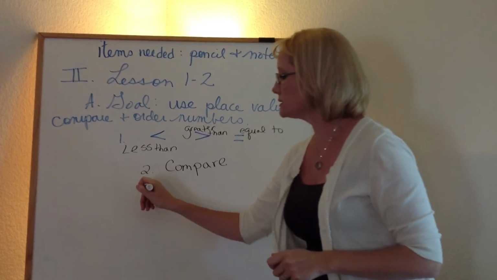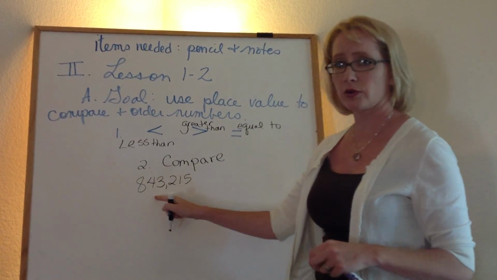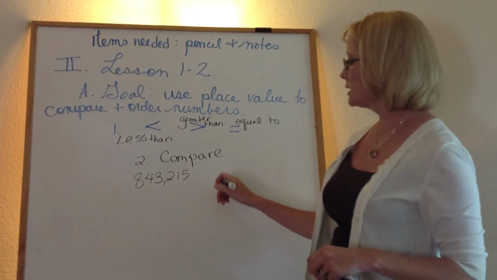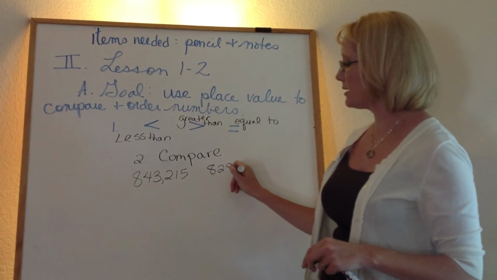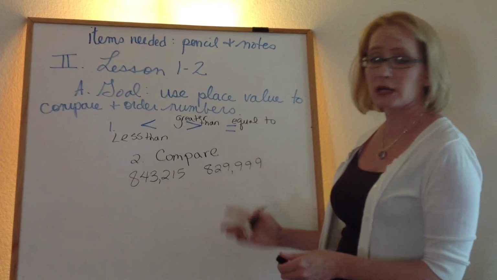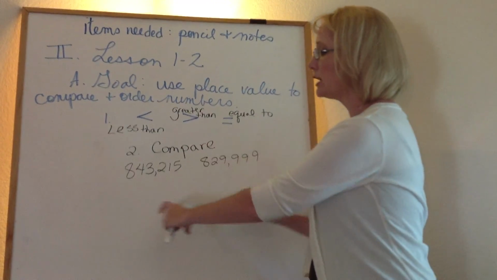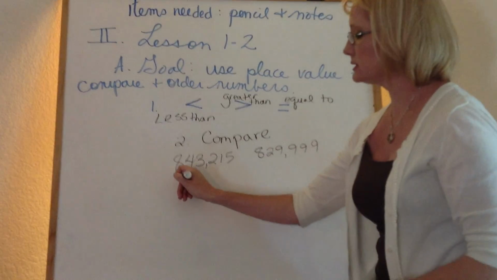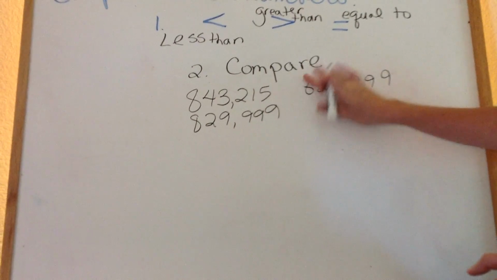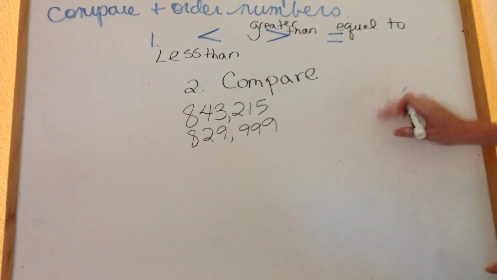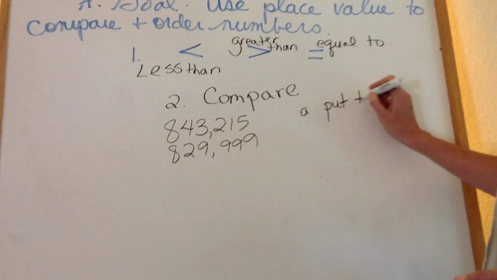So if I had the numbers 843,215 and then I have 829,999, and I wasn't sure which one was bigger, my first step is to put them on top of each other. I'm going to put this one on top of the other one. I'm going to erase it from here. I'm going to write my first step. Step 1, or step A, put the numbers on top of each other.